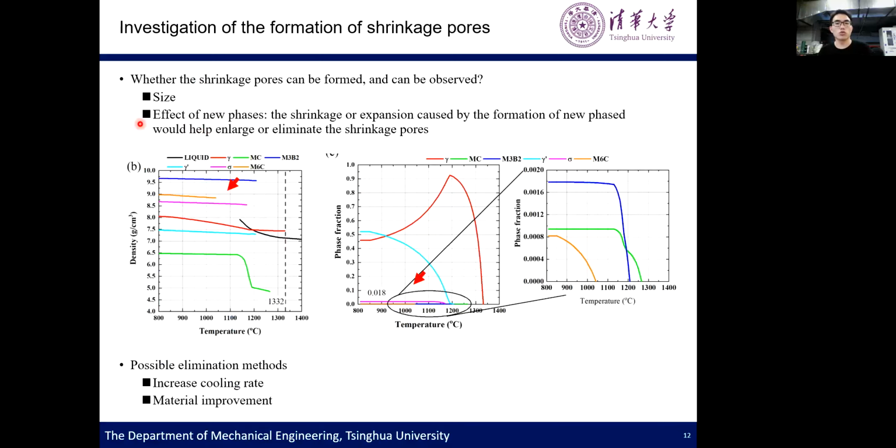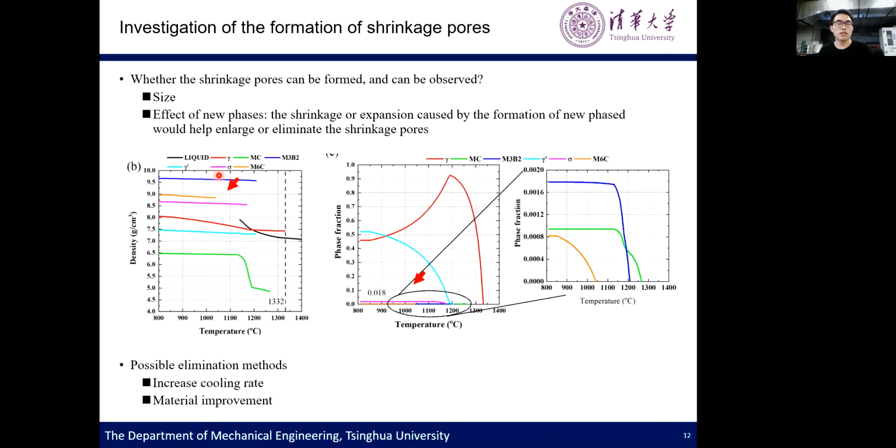We need to look at the formation of the new phases in the solidification process of the nickel-based superalloy. For example, usually during the solidification process, first we get the gamma phase, and then we have the precipitation of sigma phase and gamma prime phase. The gamma prime phase has a lower density than the gamma phase, so its formation causes expansion.